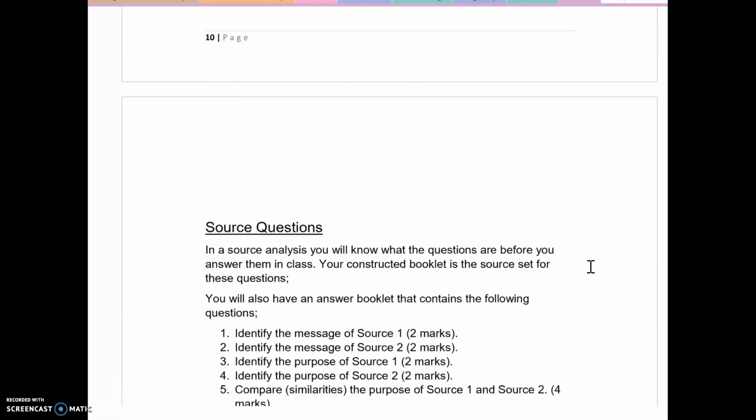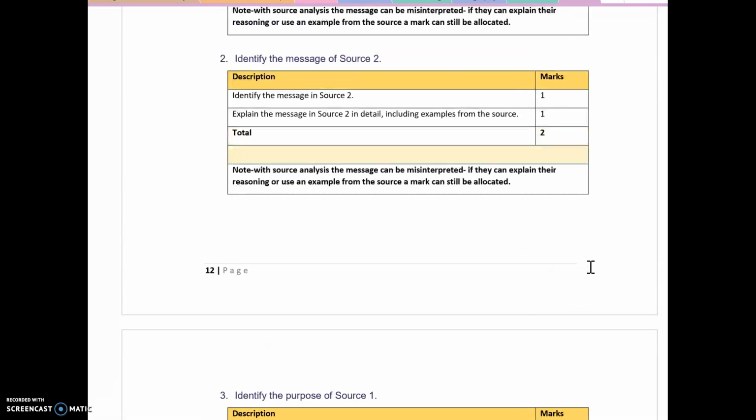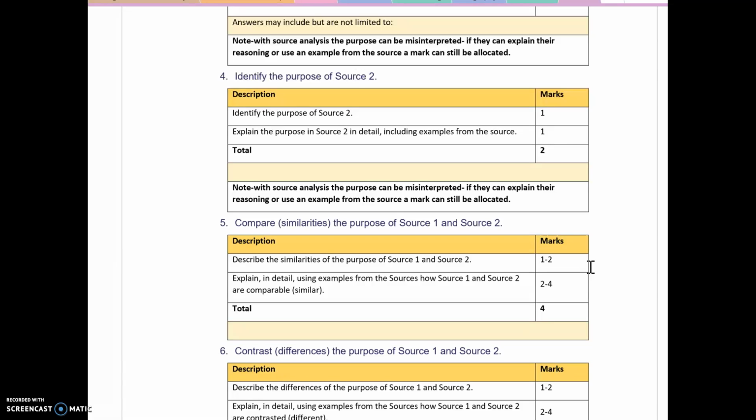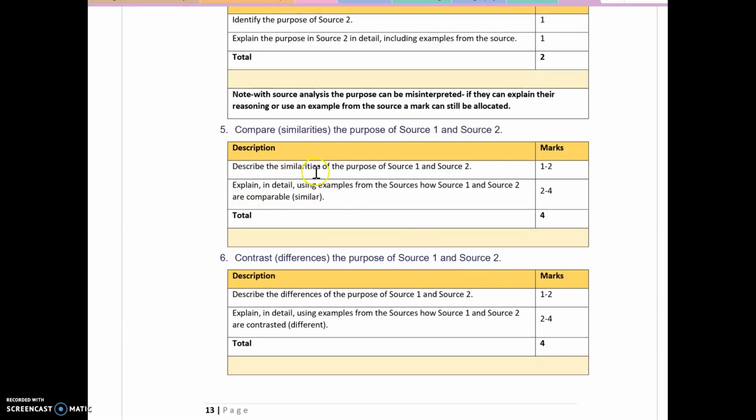Now, let's go back down to our questions and marking key. It's the same kind of thing. We want to describe the similarities, so you're just saying how they're similar. Then you want to explain in more depth and detail, and use examples from the sources to flesh that out, because that's an extra 2 marks.